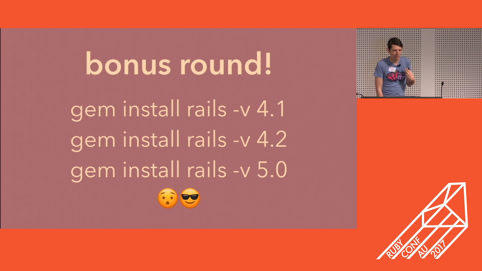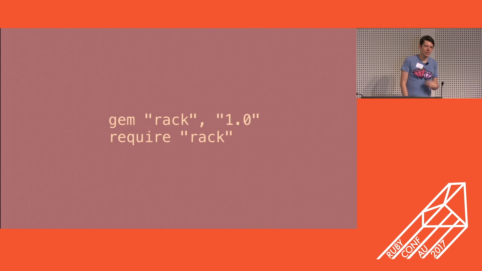If you don't tell RubyGems something specific, it'll give you the newest one that you have installed already. So that looks like this. You call the gem method and you tell it the name and version that you want, and then RubyGems does some magic inside the require method, and then when you require rack, you get exactly rack 1.0.